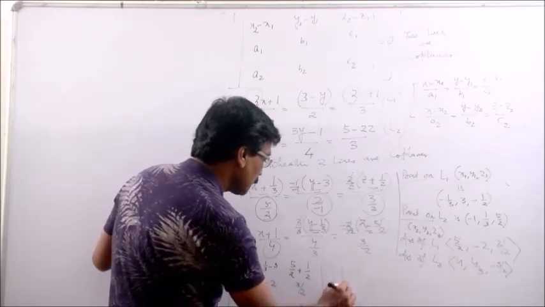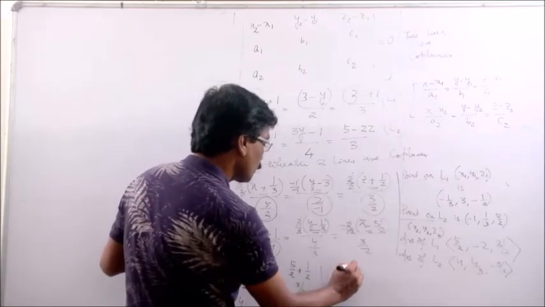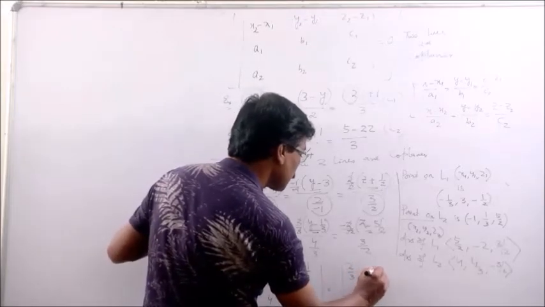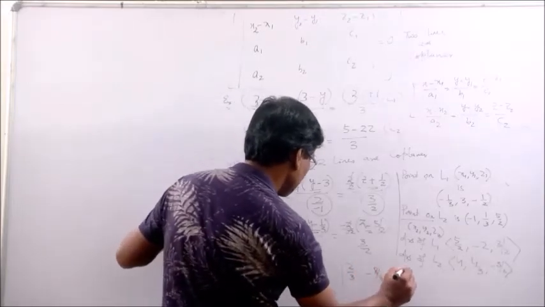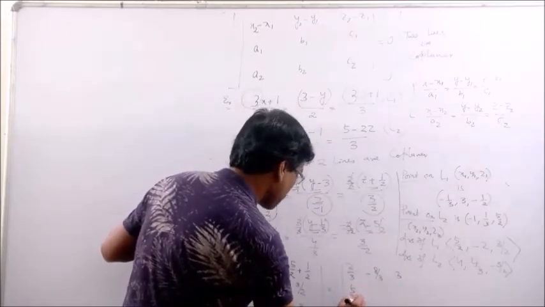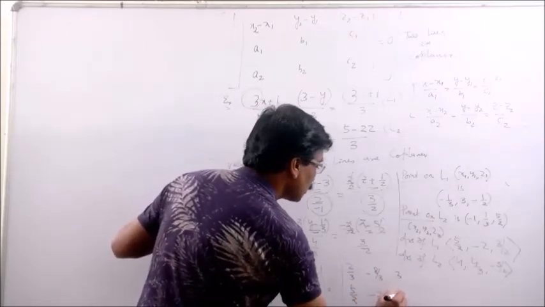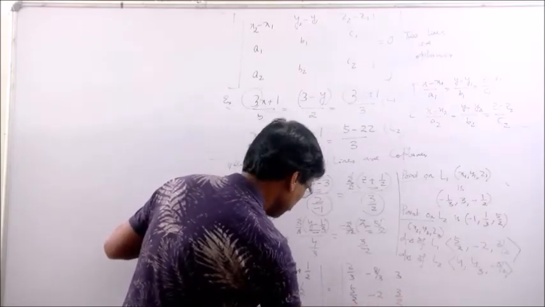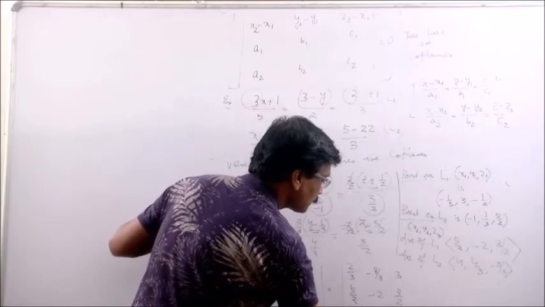So, on simplification this gives 2 by 3, minus 8 by 3, 3, then 5 by 2, minus 2, 3 by 2, and 4, 4 by 3, minus 3 by 2.